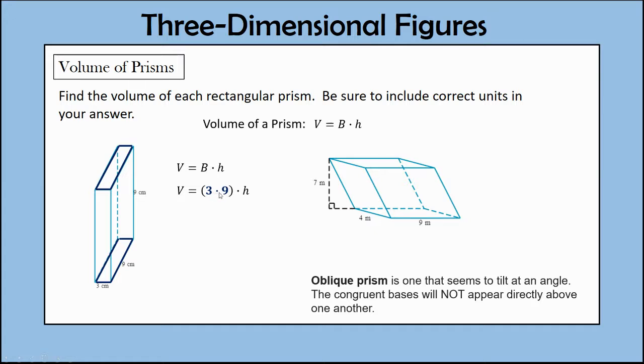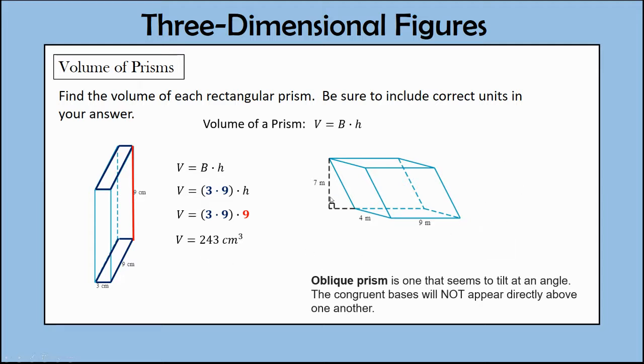The height of the prism is the distance between the two bases. The distance between these two bases is 9. So my volume is going to be calculated by going 3 times 9, which is the area of the base shape, times the height, which is 9, multiplied together. It's going to be 243 centimeters cubed that fit inside this shape.